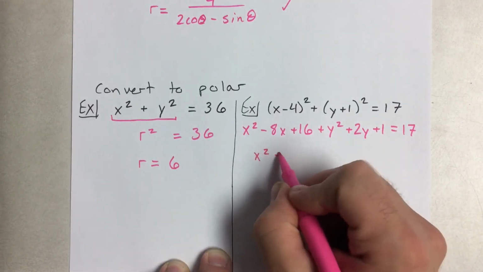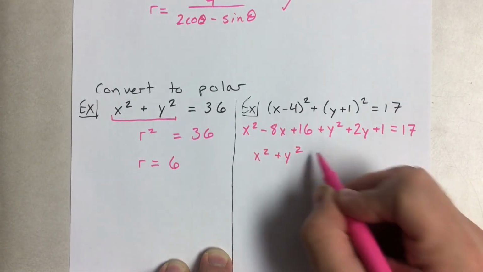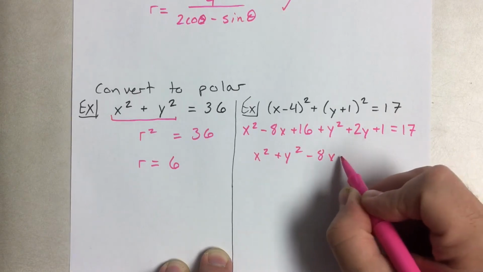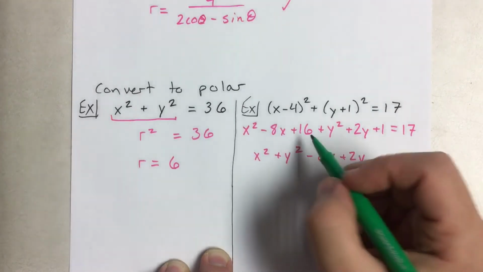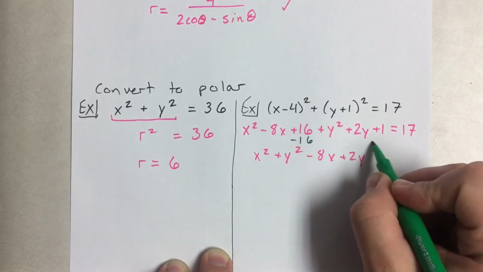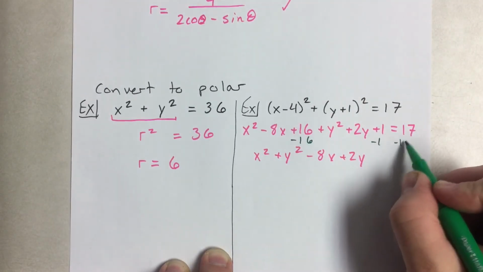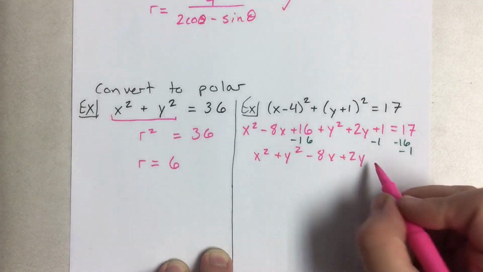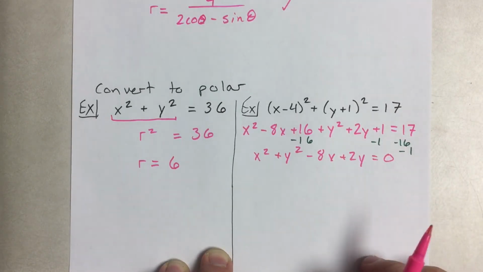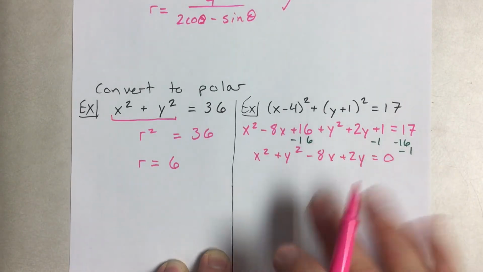So x squared plus y squared, and bring that together. Minus 8x, okay, and plus 2y. Let's go ahead and subtract 16 and 1 to the other side. It's almost as if this problem was made to come out this way. We get 0. Okay, so now we're going to substitute some things in.